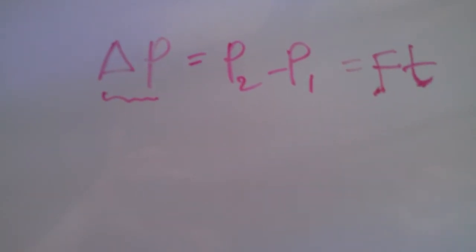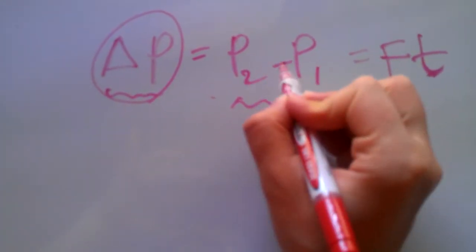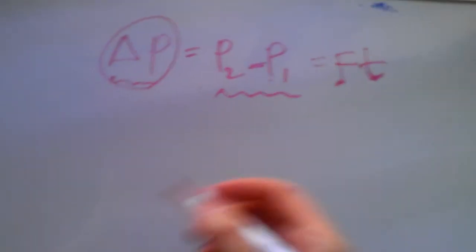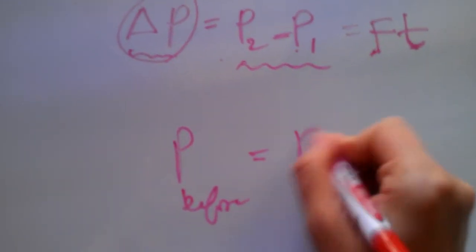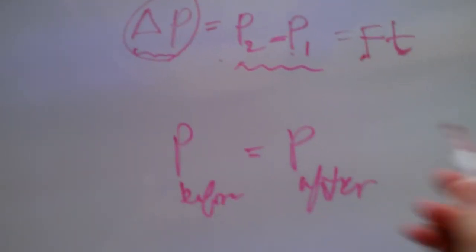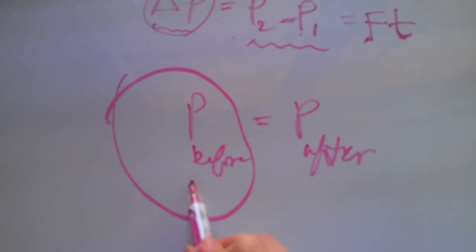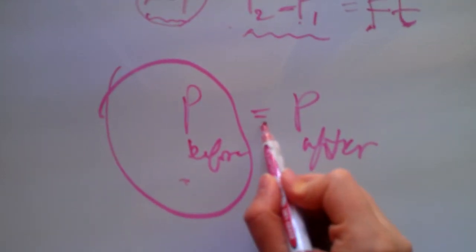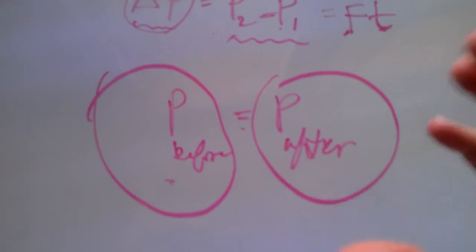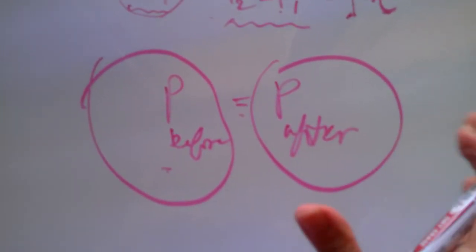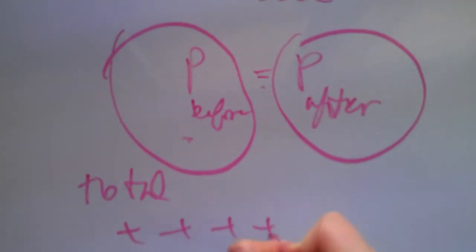I want everyone to understand that this is the change in momentum, which is this minus that. For collision problems where we have P before equals P after, you need to write down the total momentum of all the ingredients before and equate that number with the total momentum of all the ingredients afterwards. Total means adding things up.